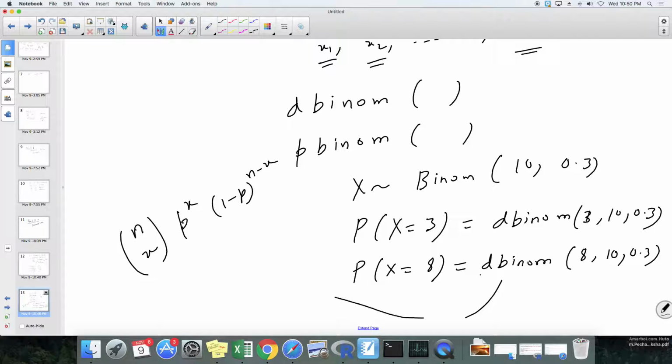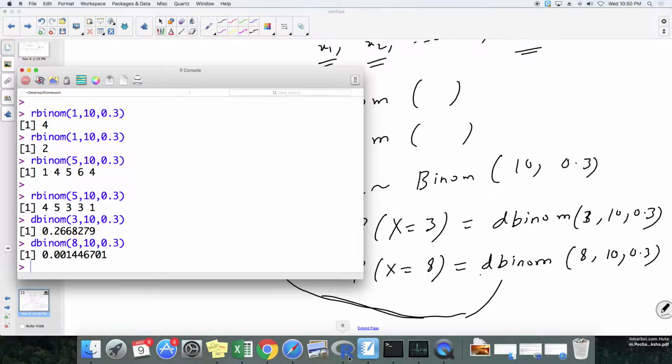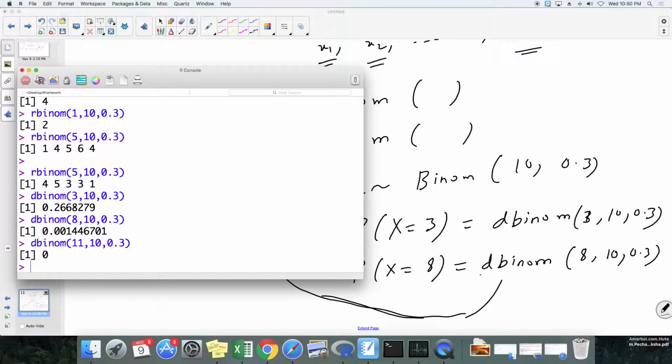Basically dbinom is doing this formula, so you can look it up. Obviously you expect that if I put 11 instead of 8, this probability should be 0, because binomial only runs between 0 to n, that means 0 to 10, and it's 0.